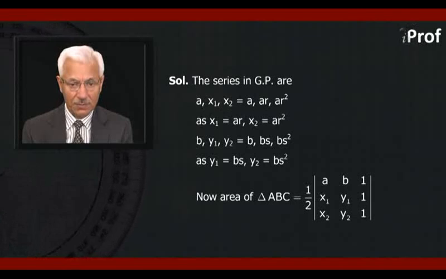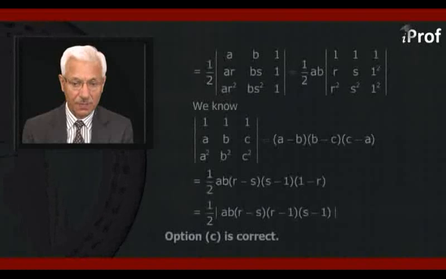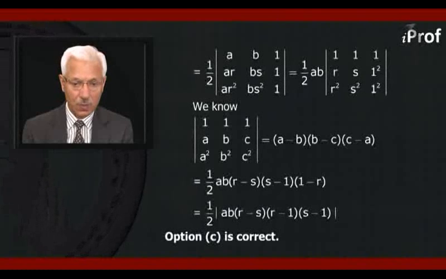Now the area of the triangle ABC is half of the determinant with a, b, 1 in the first row, x1, y1, 1 in the second row, x2, y2, 1 in the third row, which is equal to half of the determinant with a, b, 1 in the first row, aR, bS, 1 in the second row, aR², bS², 1 in the third row.